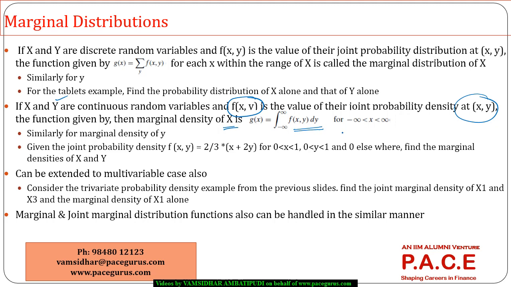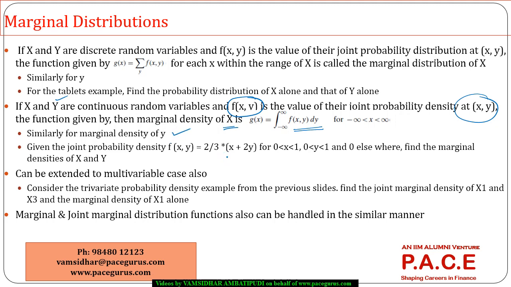When you are doing an integration of the function across y, from minus infinity to infinity, the entire range of y, then it is the marginal density of x. When you are doing the integration from minus infinity to infinity with respect to x, then it becomes the marginal density of y.